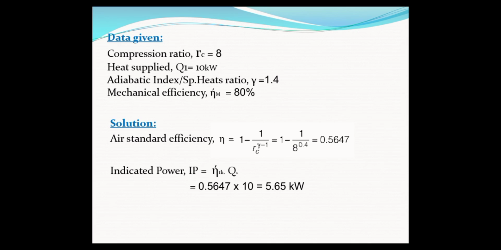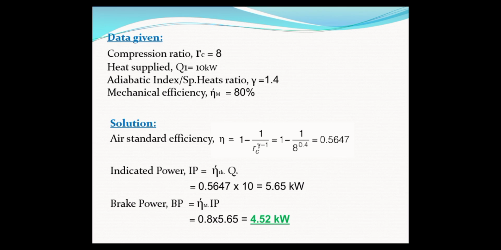Then this is again reduced due to mechanical losses or friction. We are going to get some lesser power at the output shaft, that is brake power. Then brake power divided by indicated power is the mechanical efficiency. So if you have to find the brake power, brake power is the product of mechanical efficiency and indicated power.